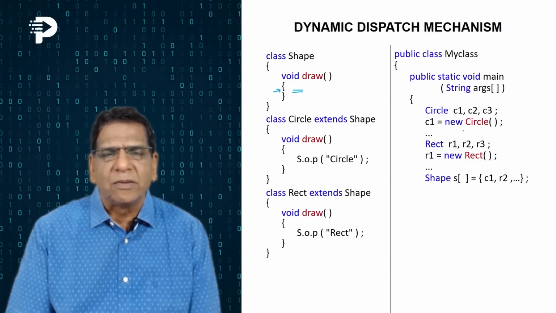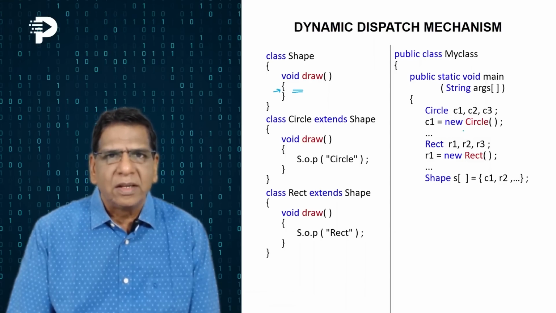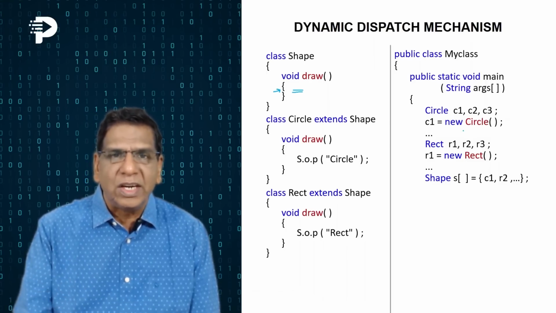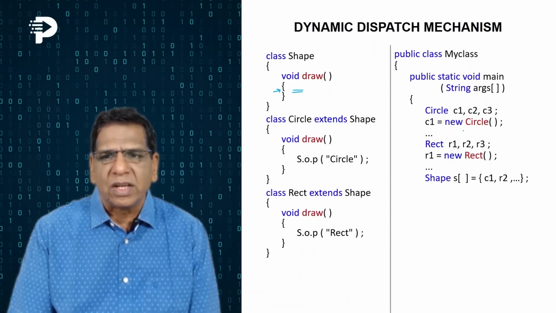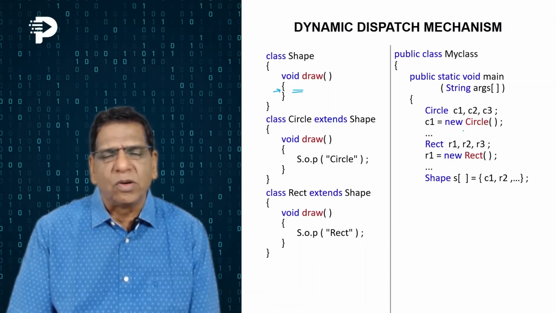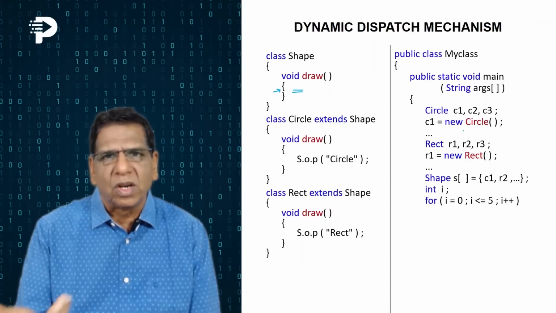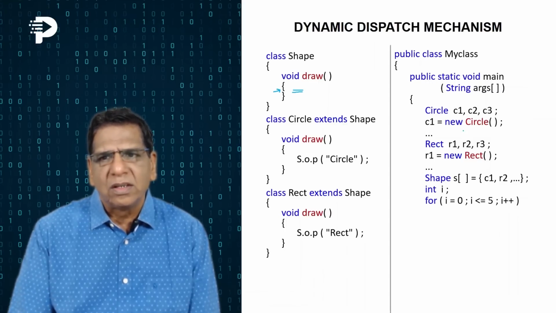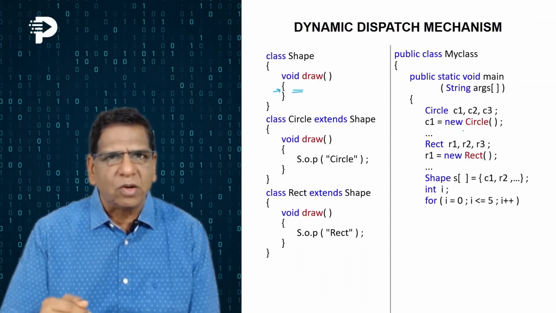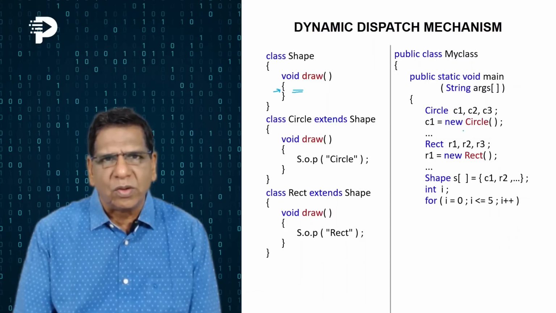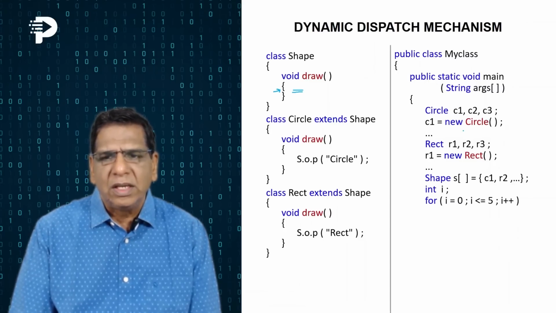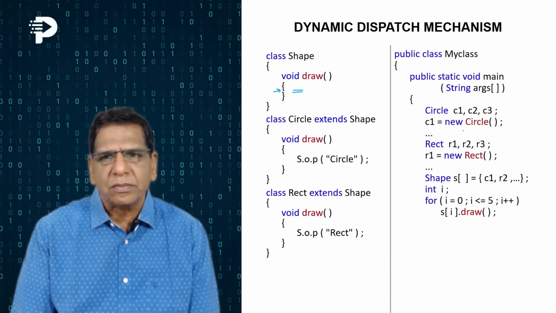Once all these references have been gathered into an array, it affords me to do the iteration on it. So I can now run a loop saying i equal to 0 to 5, because totally there are 6 shapes that we have drawn, C1, C2, C3, R1, R2, R3. So 0 to 5, 6 times. Each time through this loop I would say Si dot draw.